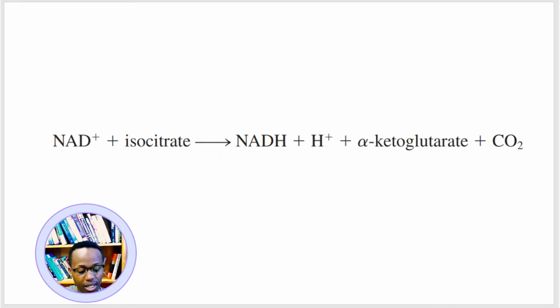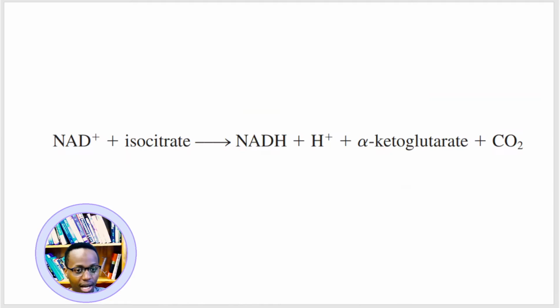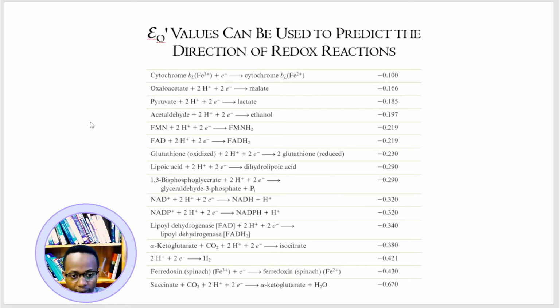And how do we divide this into individual reactions? You find them in the table. This is the table from your book. Again, we have isocitrate, and then you have NAD plus. Look, you have the NAD plus reaction here, and the isocitrate reaction here. And check this out.